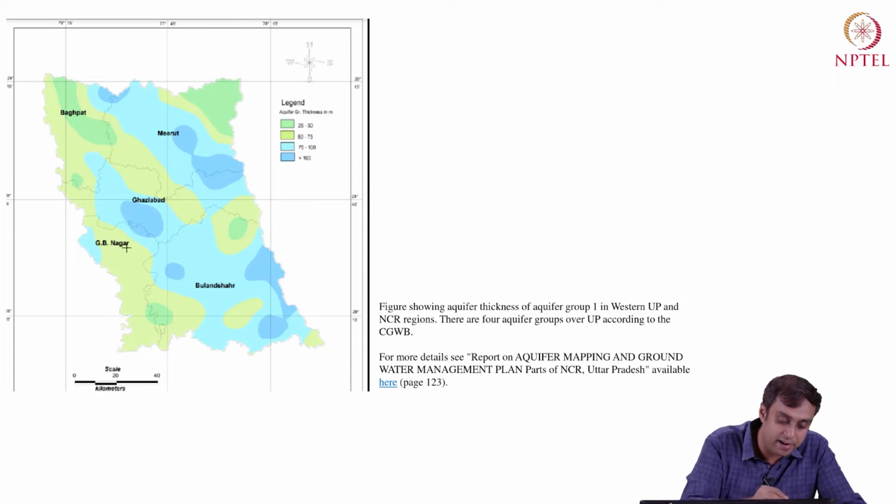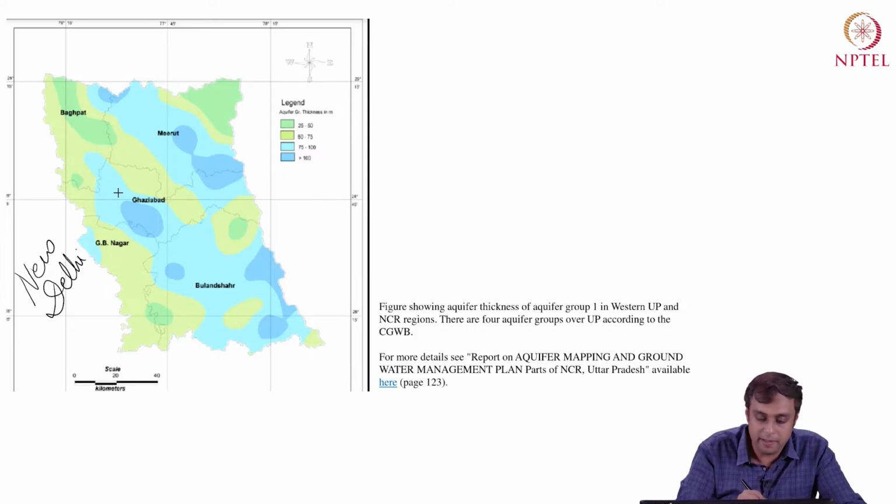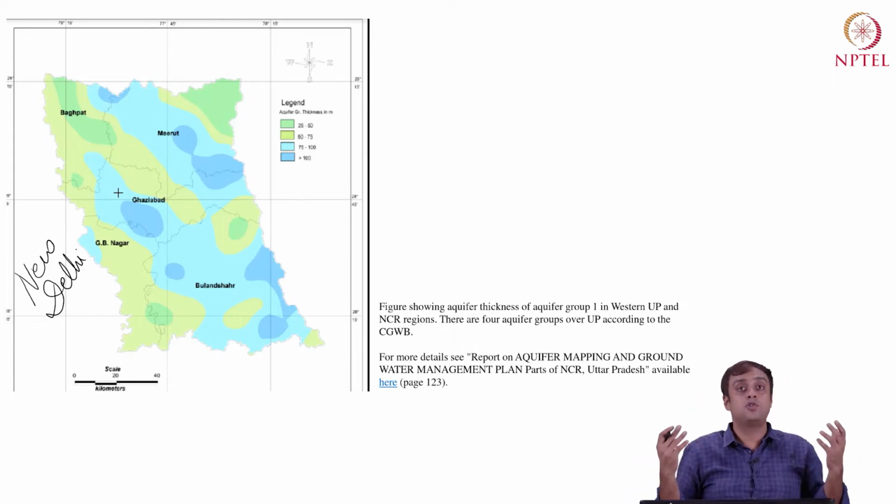So what we are seeing here is the NCR region. This is New Delhi here. What we see is that the region which is nearer to New Delhi, the aquifer is not so deep, right? Not so thick. So that capacity of storing water is not so high.